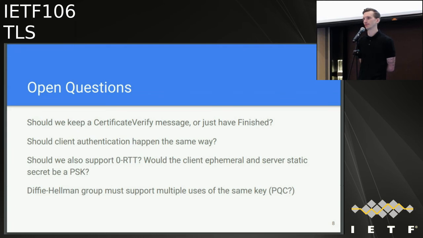That raises a question about circular dependencies between those two, and finished uses both of them. What you want with certificate verify is a MAC that is solely composed of G to the X and G to the S over the rest of the transcript. I thought that's what the spec said, but it was a while ago I wrote it.